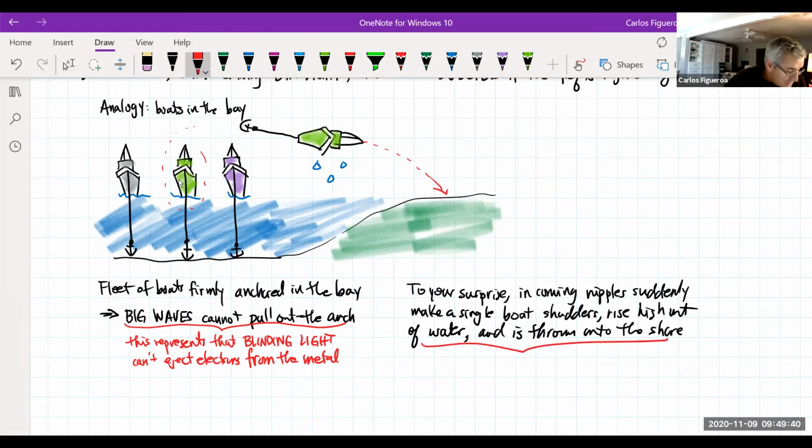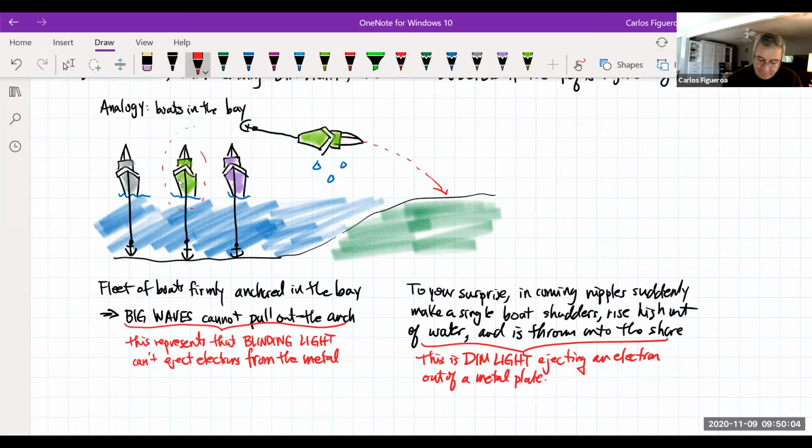This analogy is dim light ejecting an electron out of a metal plate. So just think about this.